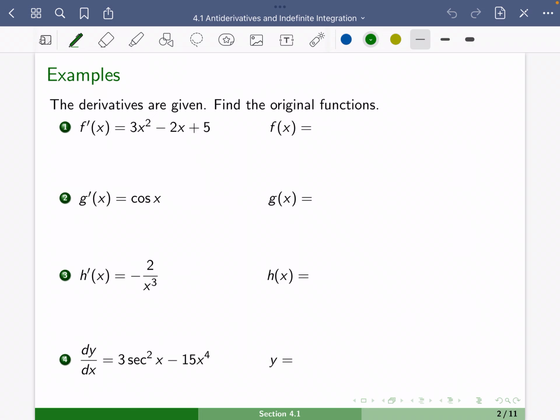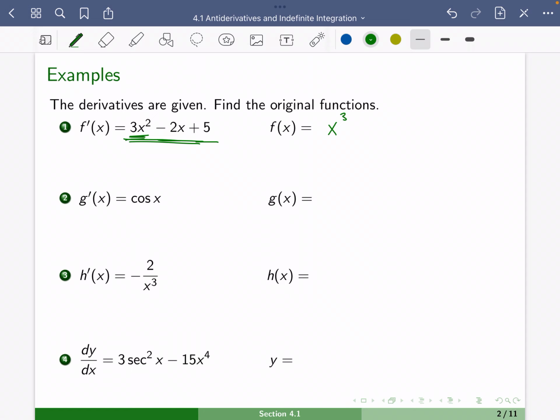We're going to try to find the original function. So we have f prime of x is 3x squared minus 2x plus 5. What function has this as a derivative? What function has 3x squared as a derivative? Well, 3x squared is the derivative of x cubed.